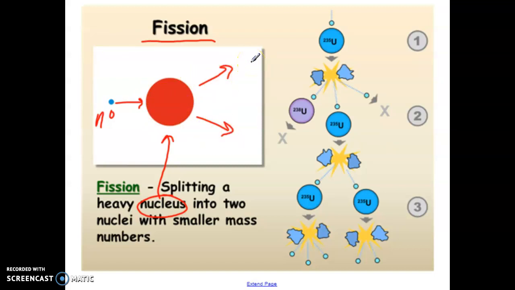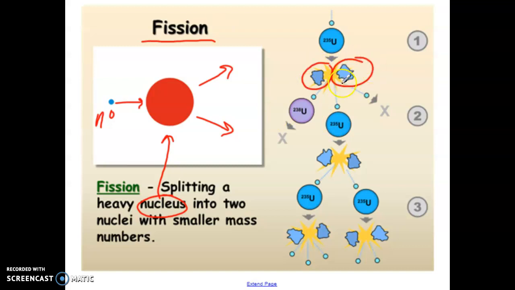So for example, here we have an isotope of uranium-235. This neutron that's coming here will cause this to split, and now we have two other resulting particles that are made as a result, which are these two here.